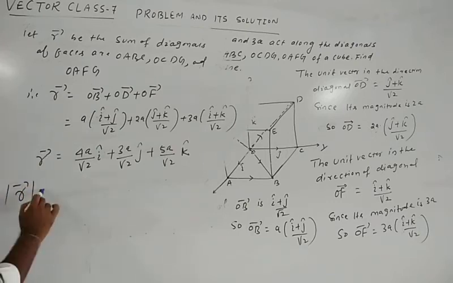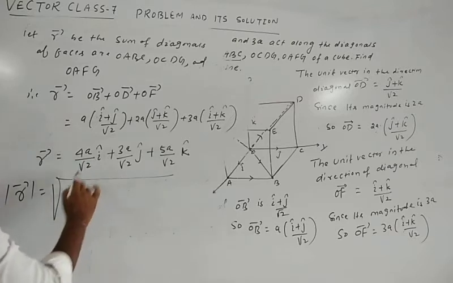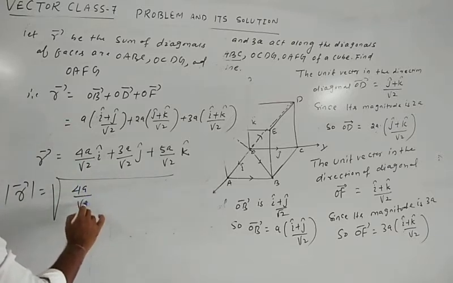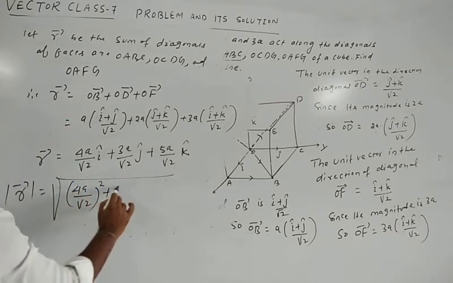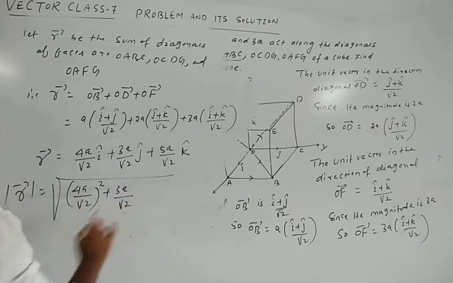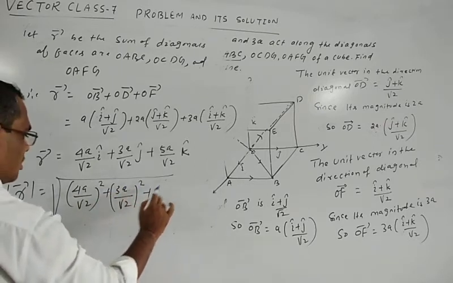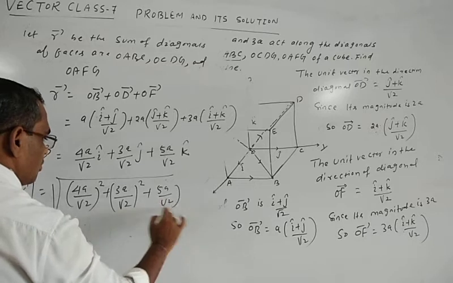R vector magnitude is equal to root of (4a by root 2) square plus (3a by root 2) square plus (5a by root 2) square.